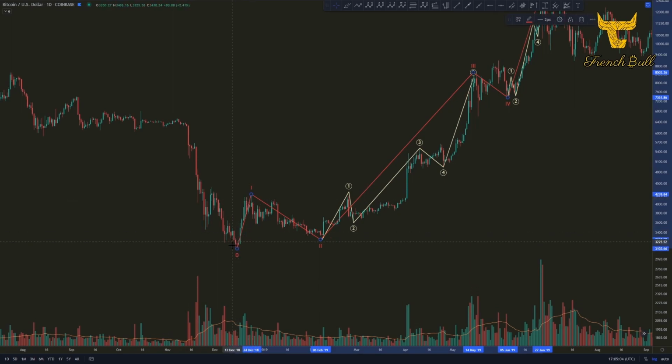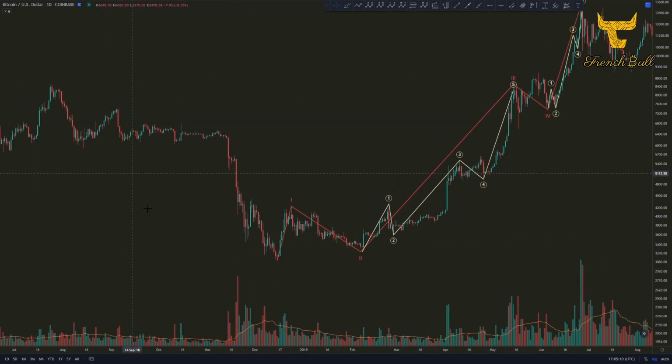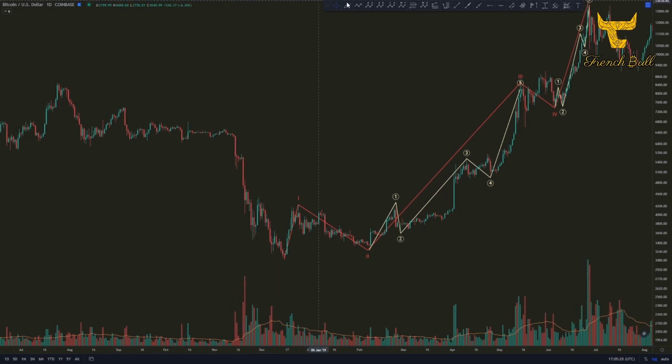In wave 1, it's rarely obvious at the beginning, unless you can spot the hand of the other trend. But for most of the market, it's not so obvious. You usually get a local change of market structure, like here where we go above that high.